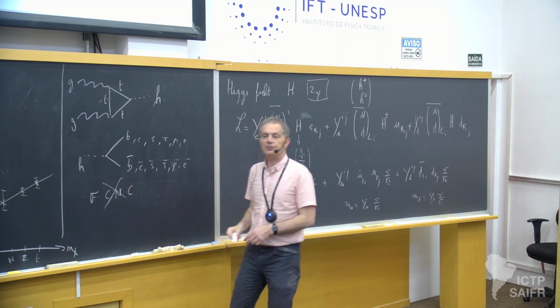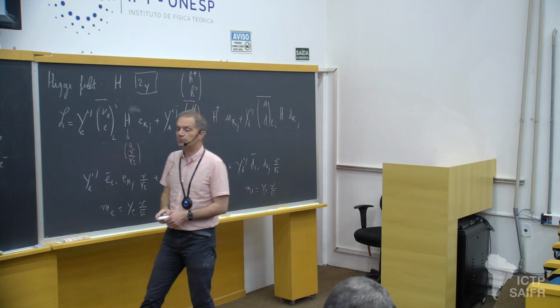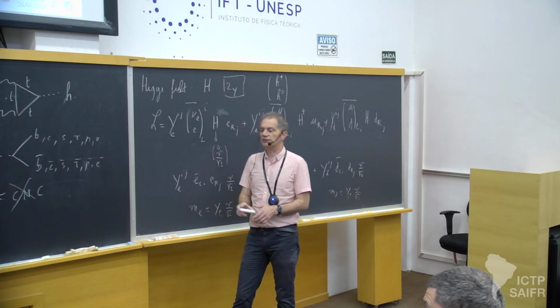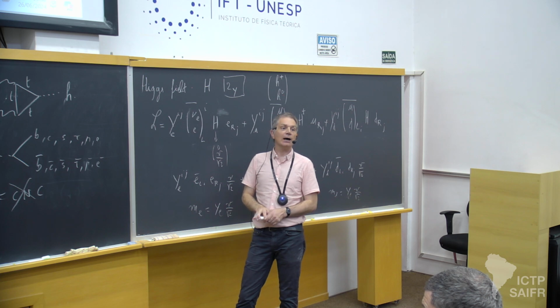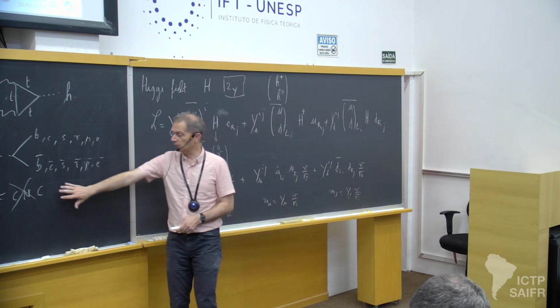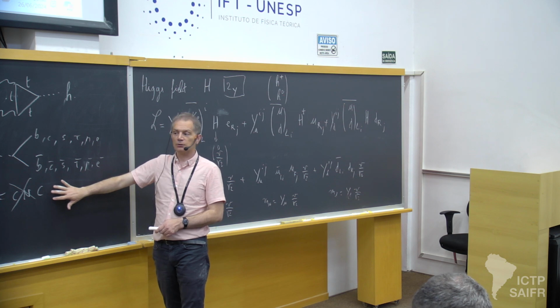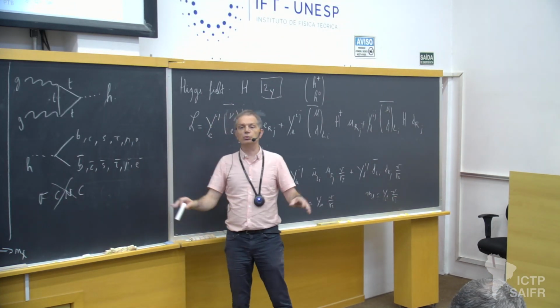This is also absent, and that's something we should discuss at some point, in the interaction of the Z. The Z interactions to the quarks and the leptons are diagonal in flavor space. That's a remarkable property of the structure of the standard model if you want to do any flavor physics.